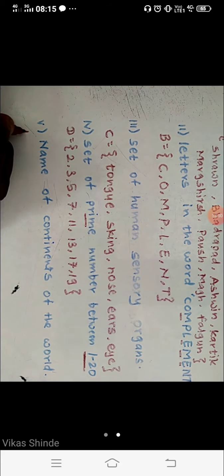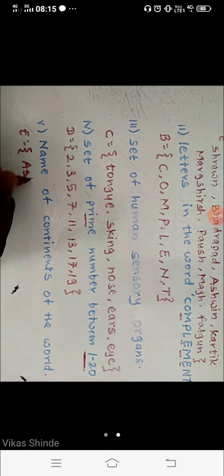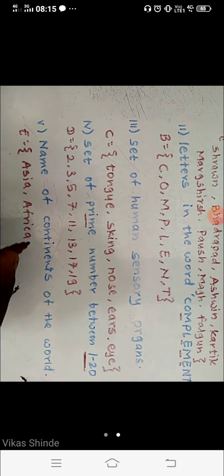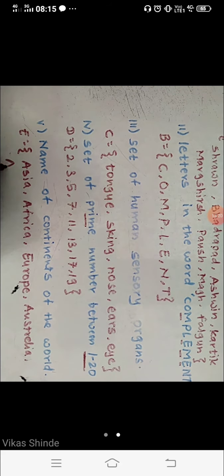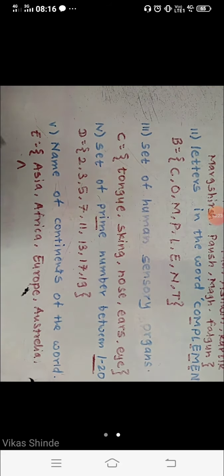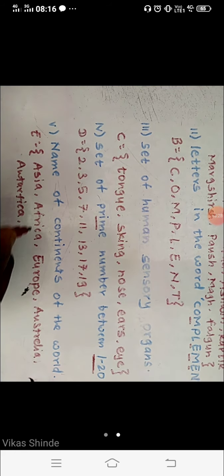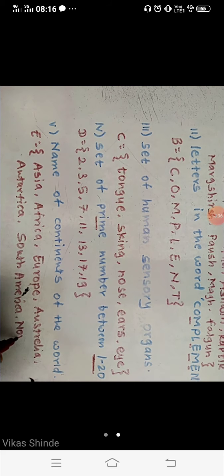So right now suppose E is equal to, inside a curly bracket I write first Asia, then Africa, and South Africa same here, then Europe, next one Australia, next one Antarctica, next one South America, and the last one North America.